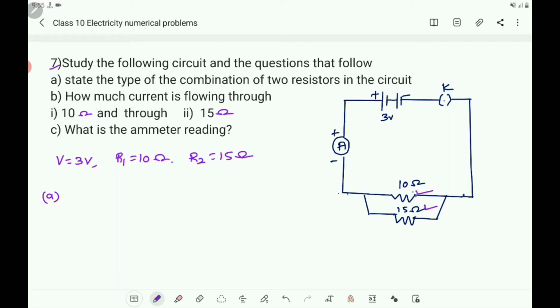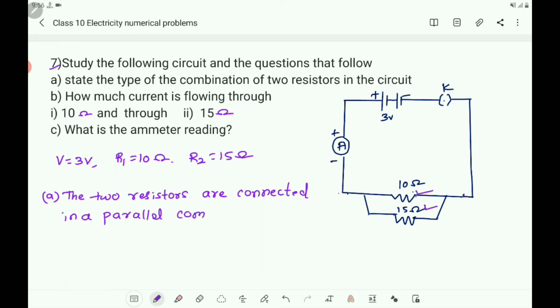The two resistors are connected in a parallel combination, it can be observed in the figure.